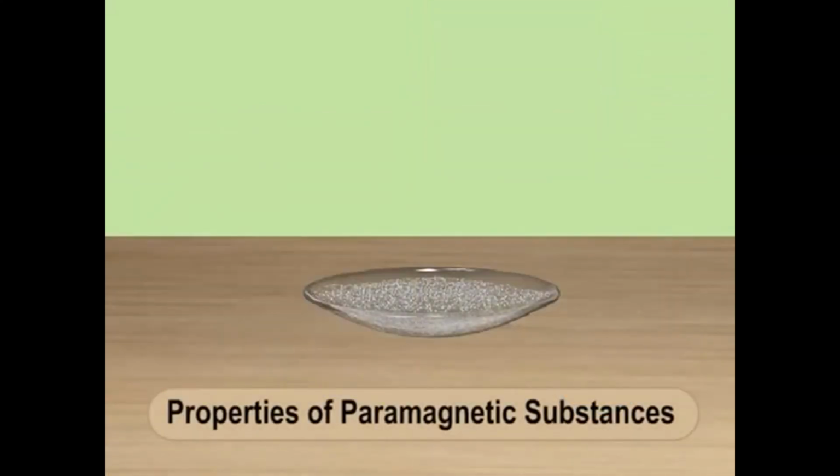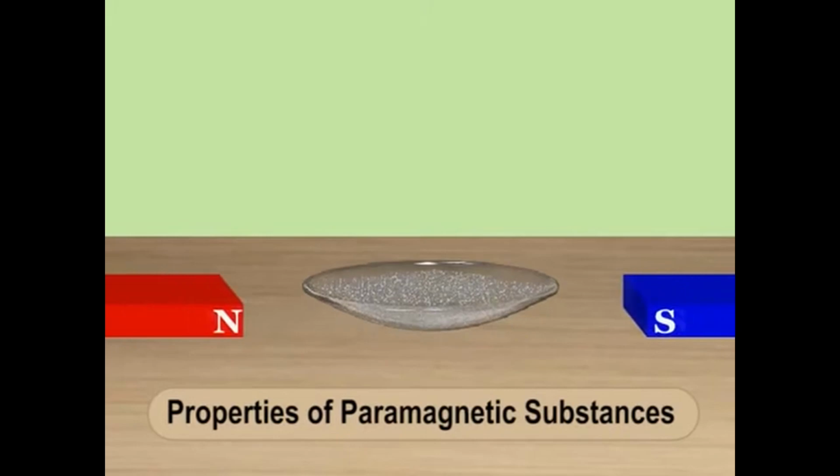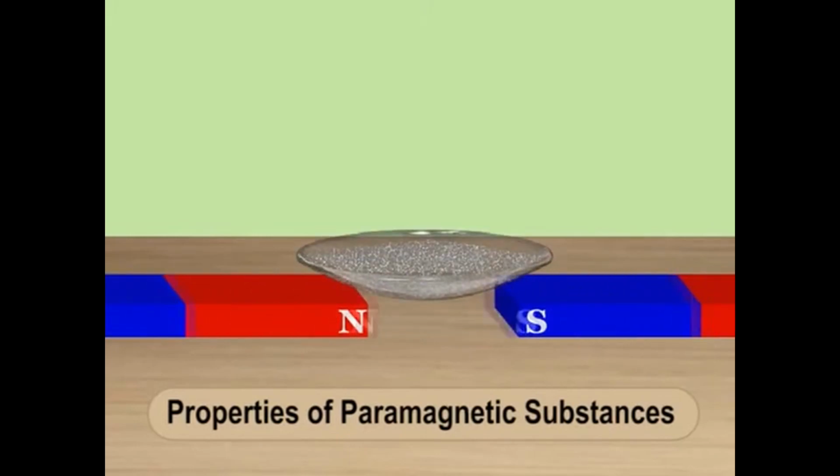For example, when powder of a paramagnetic substance is put in a watch glass placed on two pole pieces of magnet in such a way that the magnetic field is strong near the sides of the glass plate, you can see that the material is shifted towards the ends of the plate, where the magnetic field is strong.